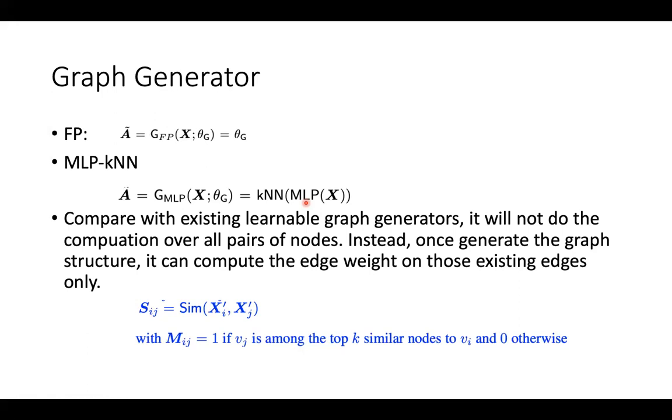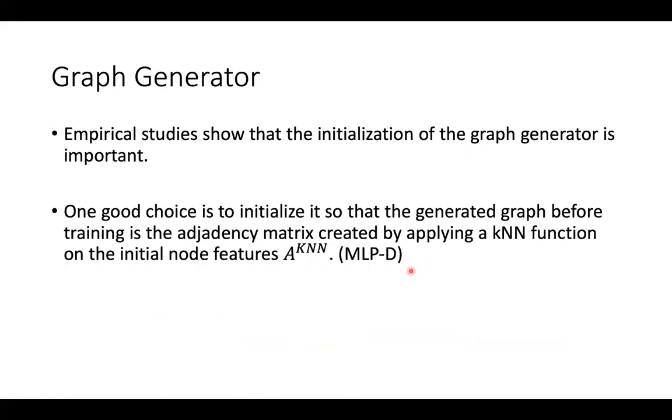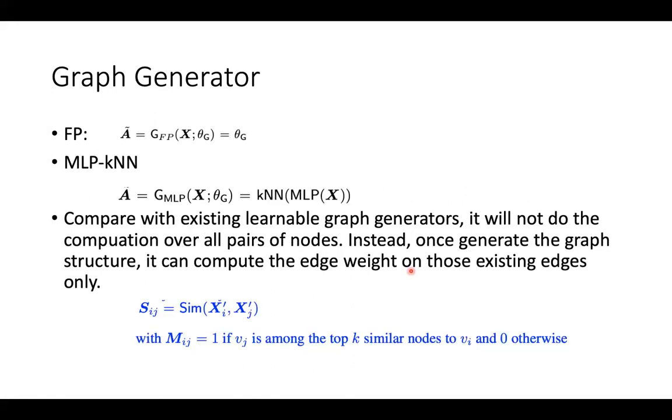And then after that, we compute the corresponding edge weight based on this KNN-generated structure, and that can be computed again based on, for example, a basic neural network, that is, a similarity neural network. So in this way, it reduces the computational cost for inferring the graph structure.